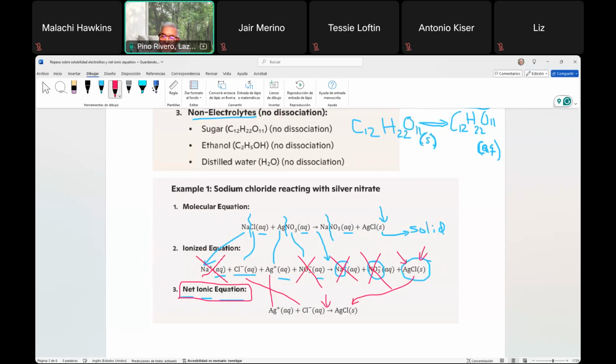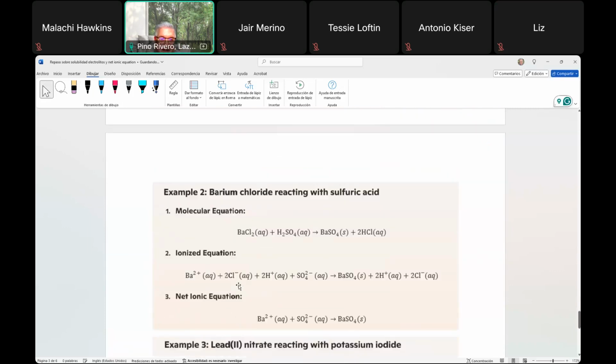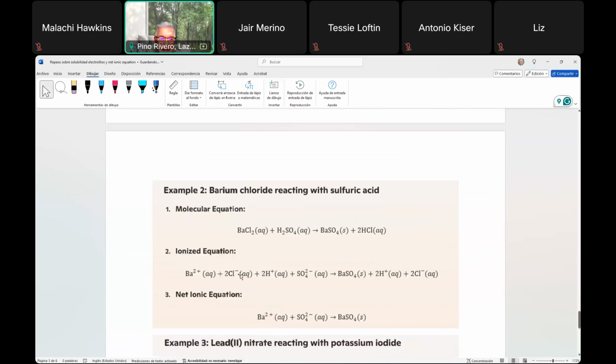Any question? No questions? Do you understand? Okay, let's go to the following exercise. Here we have barium chloride. Look, soluble, soluble. Oh, solid and soluble. Then I divide barium chloride.